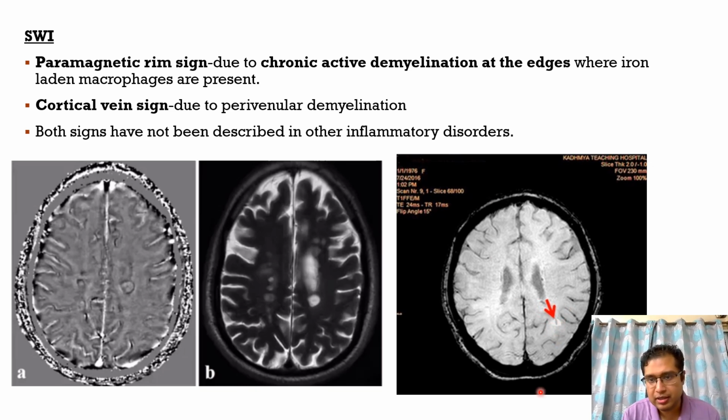So in susceptibility weighted images, this particular sign is very well seen, even though it is seen in FLAIR also, but on SWI it is very much appreciated. In this perivenular demyelination, there is hyperintensity, and within that the central vein is seen. So both the signs have been described in multiple sclerosis, and they are very highly specific to multiple sclerosis.